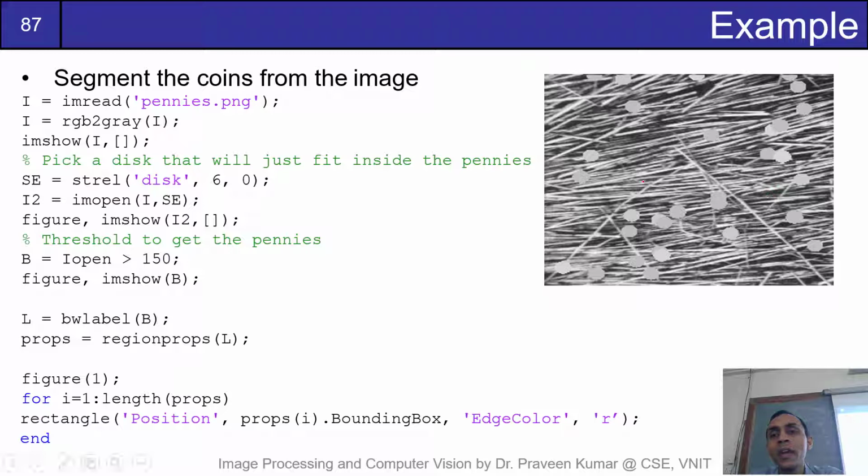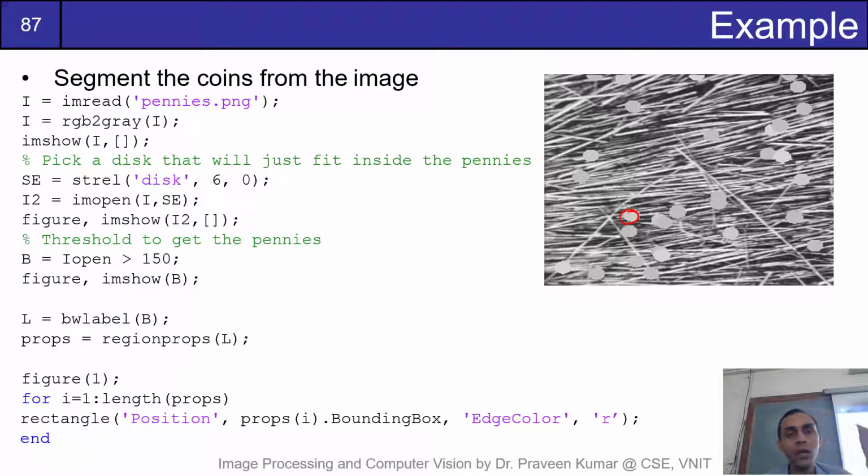In this image, let us say we want to segment out these pennies. These pennies have a flat intensity value somewhere in the middle, not very low, not very high. Somewhere in between the intensity value is there. You can see at each location. Whereas the background has both peaks as well as dark regions, and there is no consistency. It's all cluttered up.